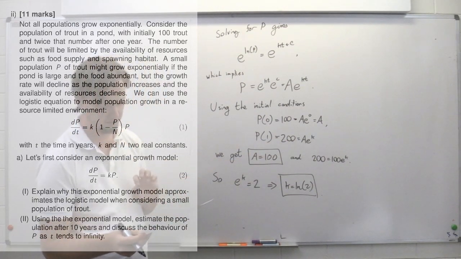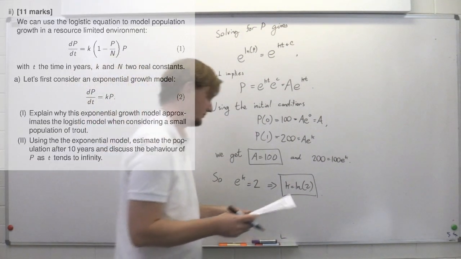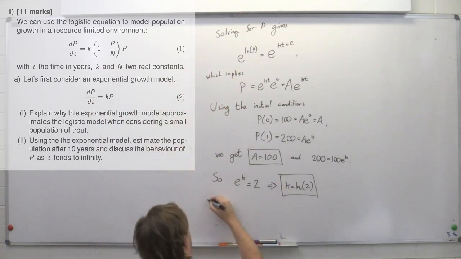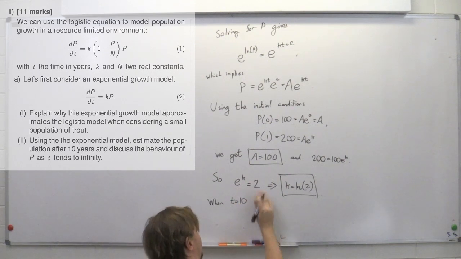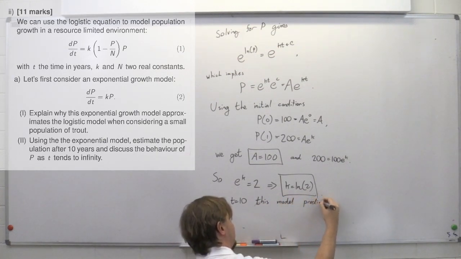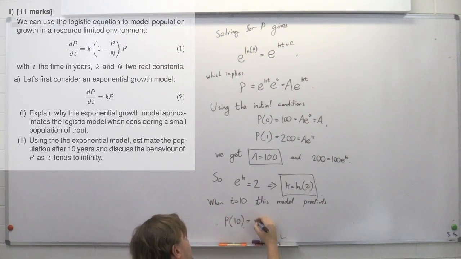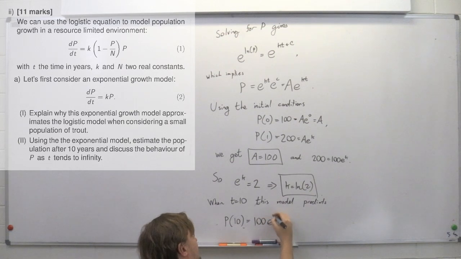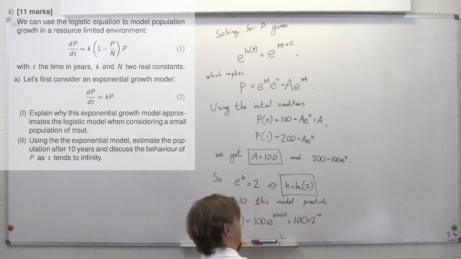Now we can use this to estimate the population after 10 years. So when t equals 10, what does this model predict? Well, it predicts that the population is going to be 100 e to the 10 log 2, which is really the same as 100 times 2 to the power of 10.